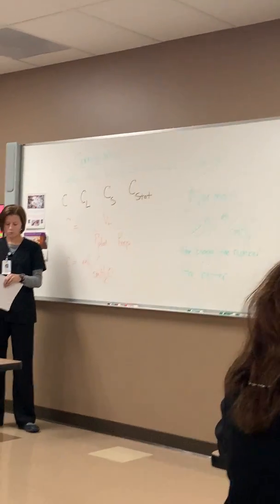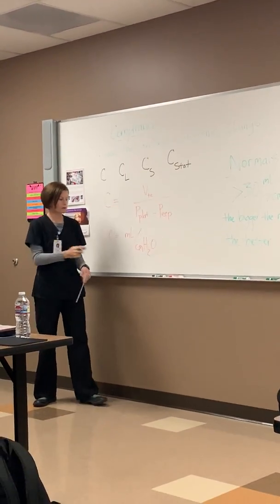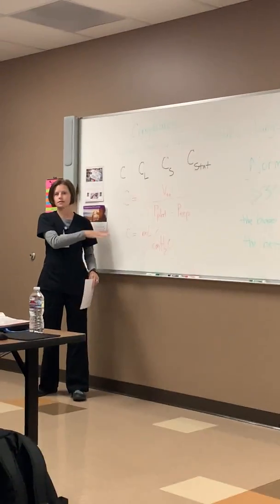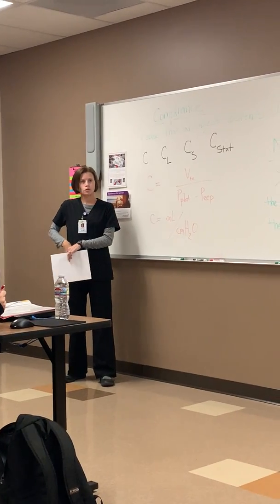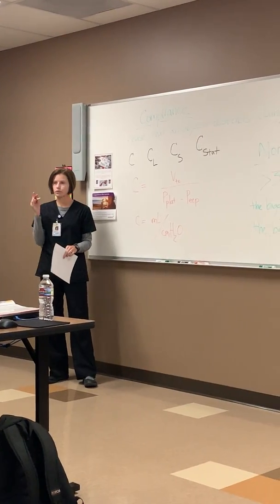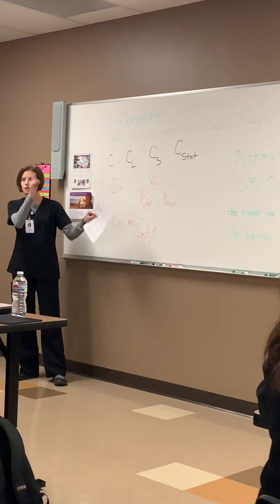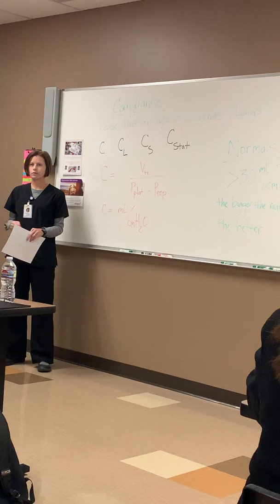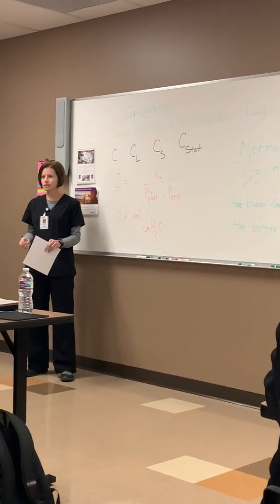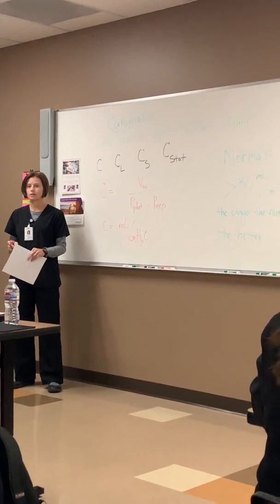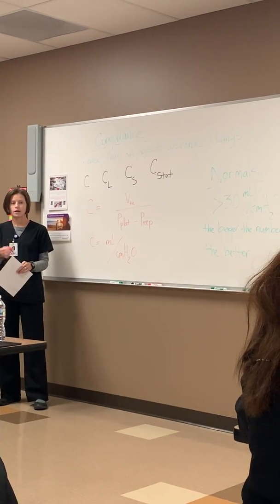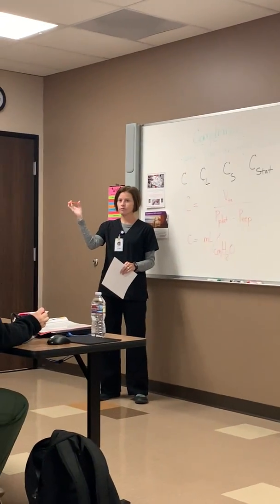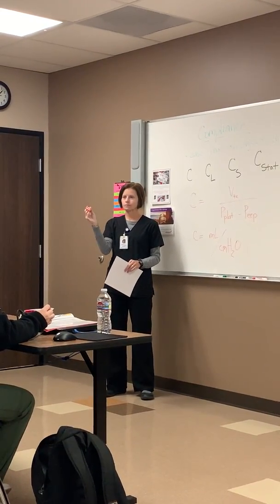Okay, so for me, sometimes this is kind of a hard concept to wrap my head around because it starts talking about physics and it's easy to see the numbers and be like, what does that mean? So the best way that I can describe it is if you think of a rubber band, because I know, jumping back for a second, in your book it talks about compliance being the inverse of elastance. And you said, well, what does that really mean? So it's just meaning that it's the complete polar opposite. If I have this rubber band in my pocket and I stretch it, as I'm stretching it, I can feel it has this tendency to want to bounce back.